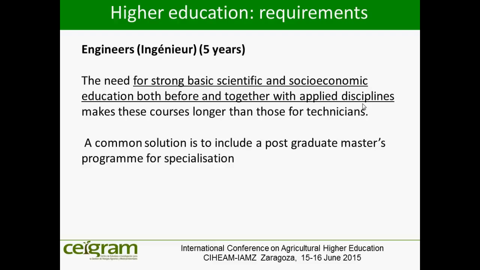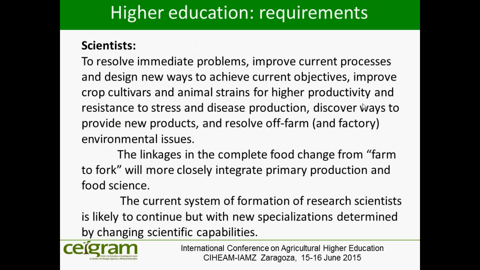The engineers, 5 years, be it 5 years straight or 3+2, would have to be able to design and manage agricultural operations or work in industry with complex infrastructure, including internal measurement systems, etc. So there is the need for a wide range of specialization.